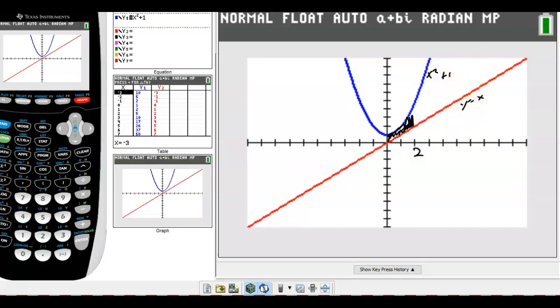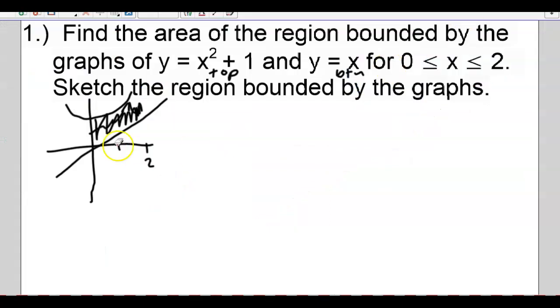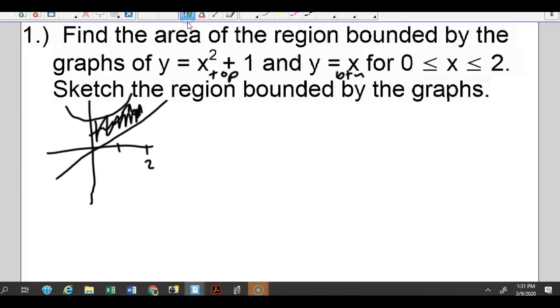So you sketch that, like I tried to do right here. Now, after you sketch it, we set up our integration. We're going to integrate from 0 to 2, and we said the top was the parabola, right?